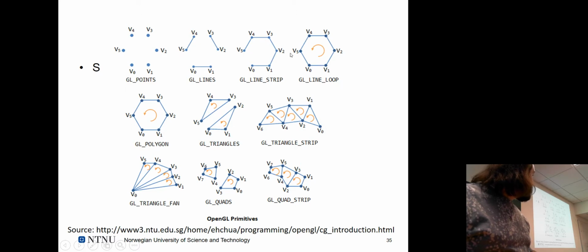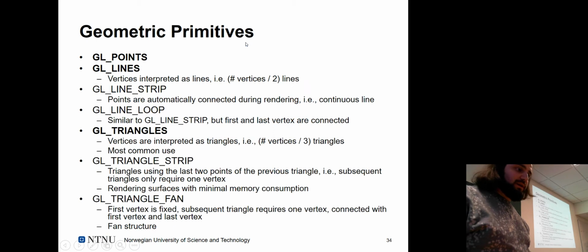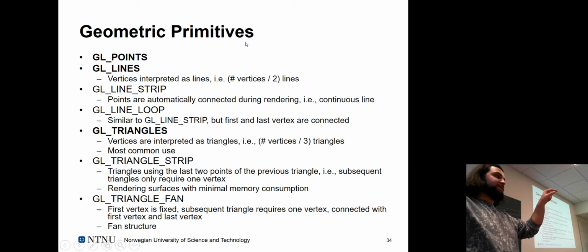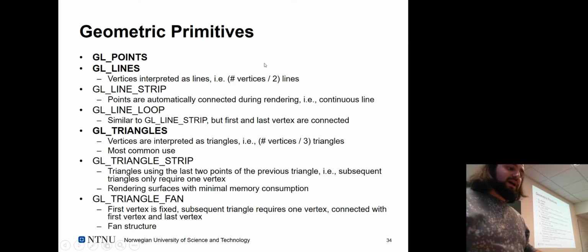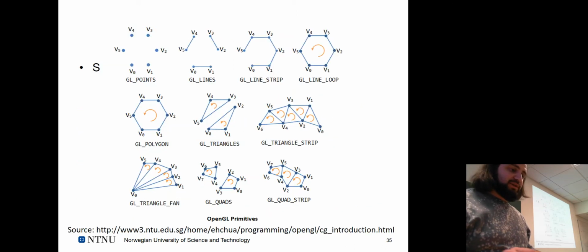Line loop is a closed line, so when we make this line and connect the first and last one to close it, it's a line loop. Well, we can have triangles, or we can have triangle strip or triangle fan. So what's the difference between them?